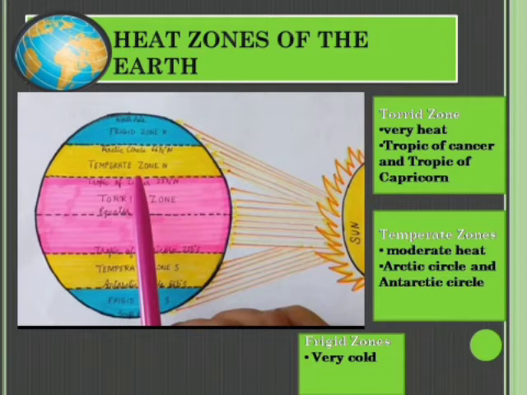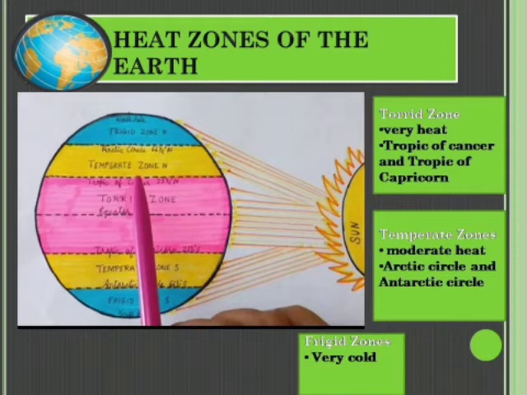At that time, we get direct sun rays at the places of the Tropic of Cancer and Tropic of Capricorn. So in these places we get heavy heat. This we call the torrid zone.